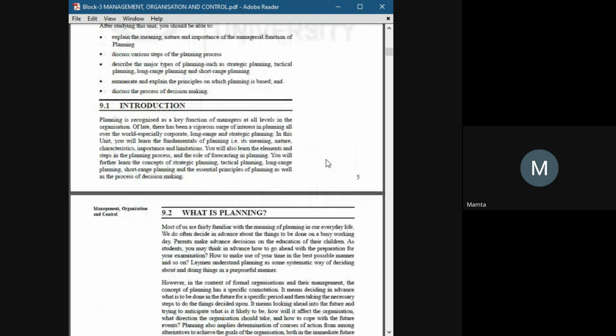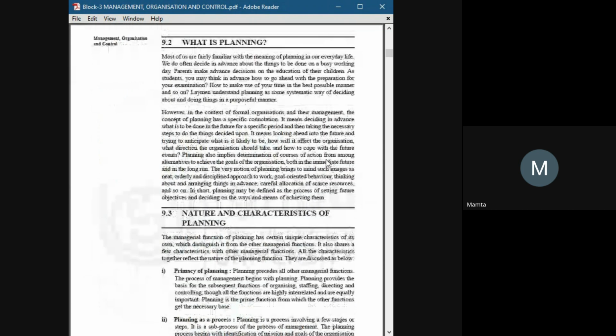So what do you think planning is? Any thoughts on planning in general terms? Anyone would like to try? Yes, ma'am, I'm listening.